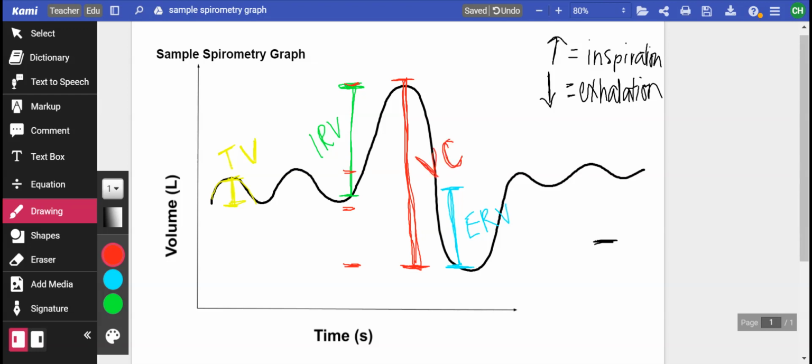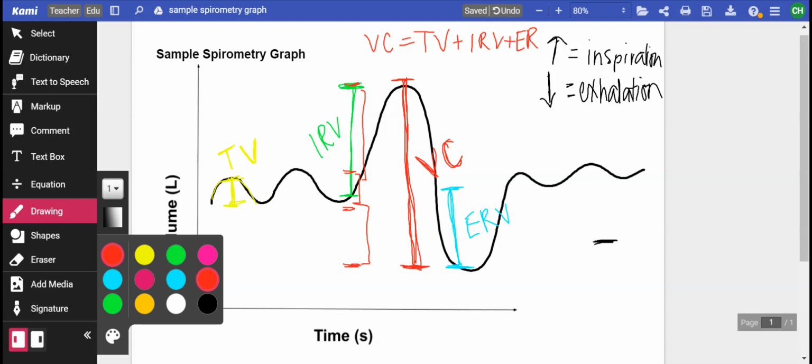And what the vital capacity actually is, is like the functional volume that you have at any given time. It's what you normally breathe plus what you can breathe all the way in and all the way out. So if we were going to write that as a formula, the vital capacity is equal to the tidal volume, this region, right? Plus the inspiratory reserve, which is this region, kind of. Like I said, my doodles aren't completely correct. Plus the expiratory reserve, which is this region. So all of those together make up the vital capacity.